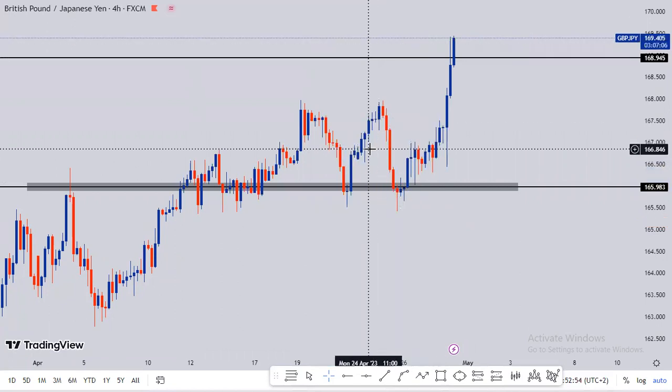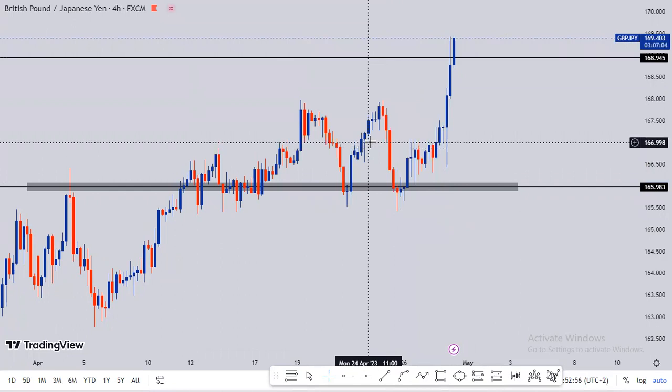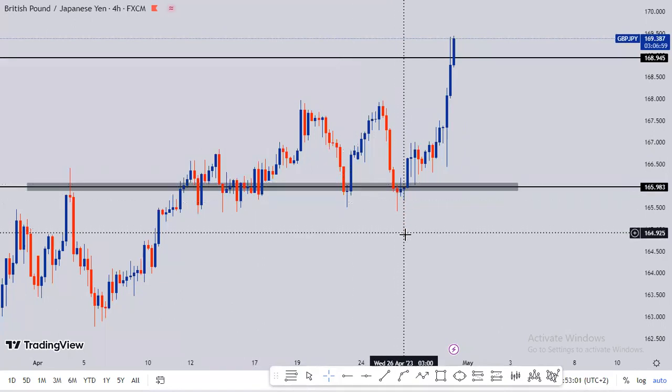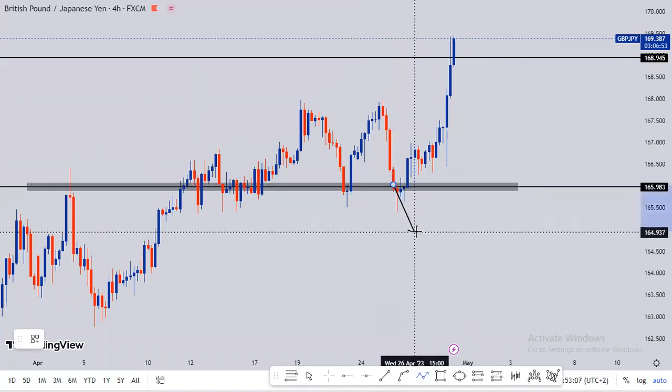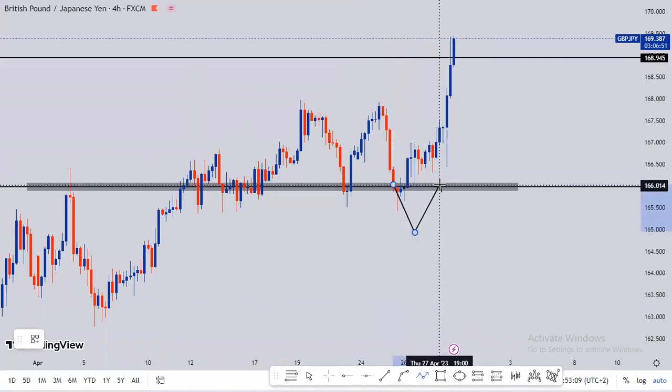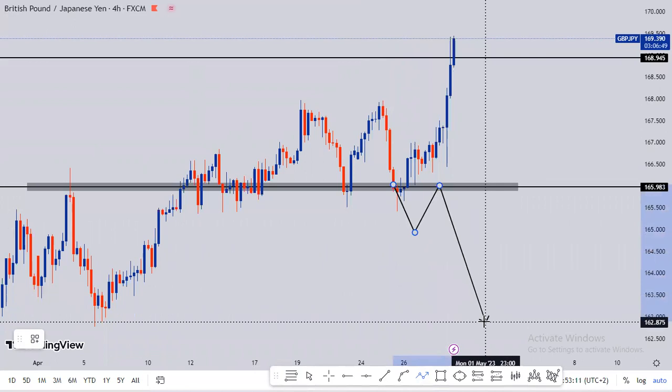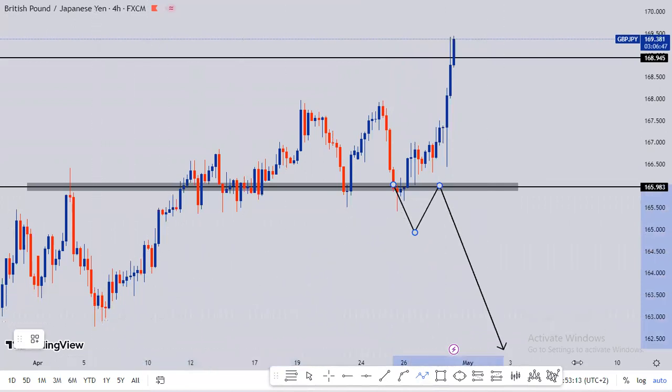But because the overall structure said what? Bullish. So I'm going to continue looking for bullish trades until this structure is broken like this and then retested. And then from here, I'm going to take my sell trades to a target somewhere, maybe below on this level right here.